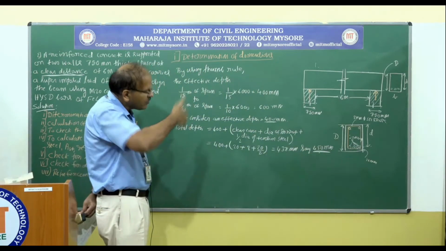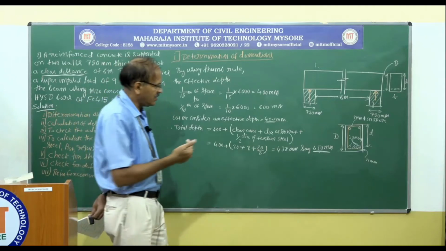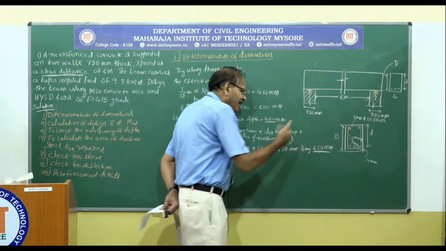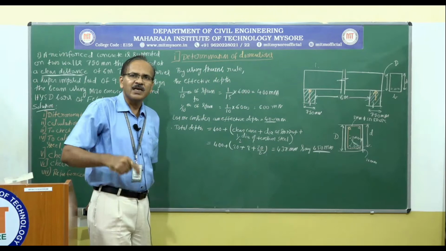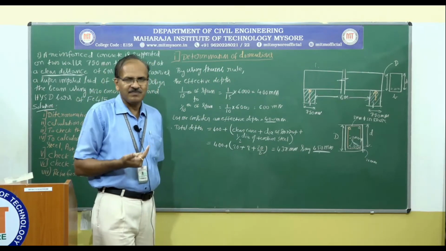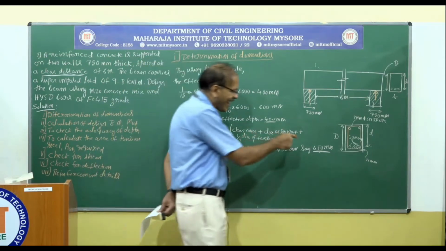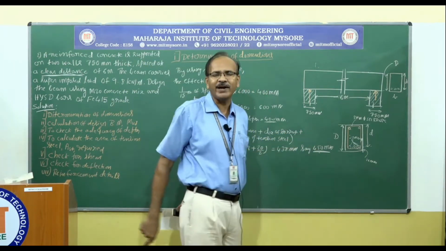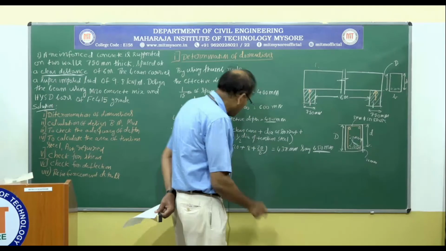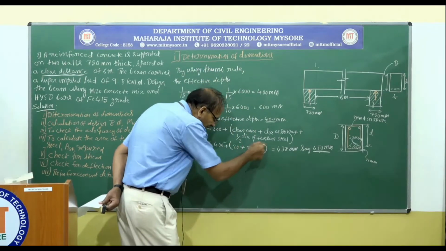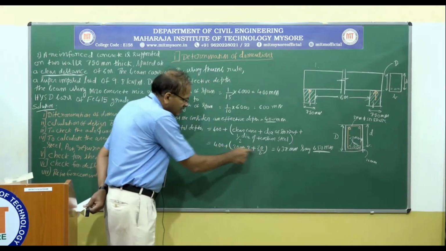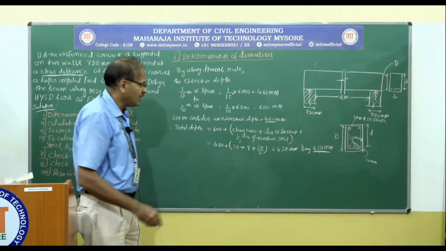So once you increase the overall depth from 438 to 450 millimeter, even the effective depth changes. So what is going to be the actual effective depth? That is going to be the actual total depth we are providing minus the effective cover. This remains the same.